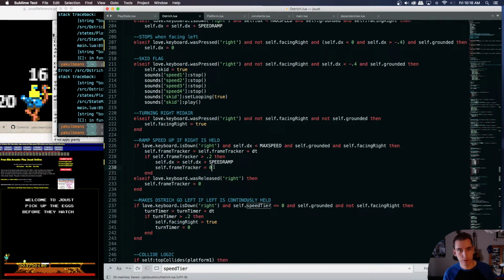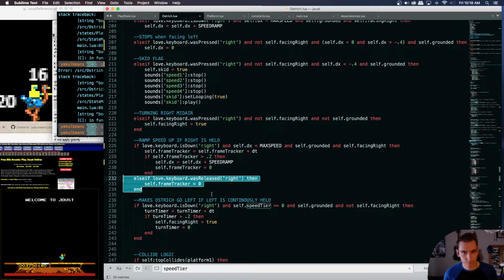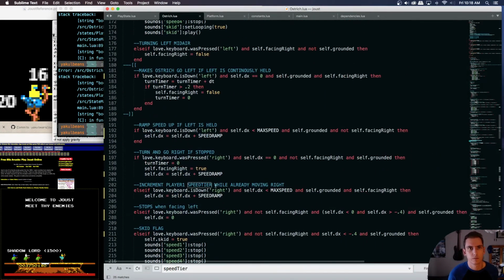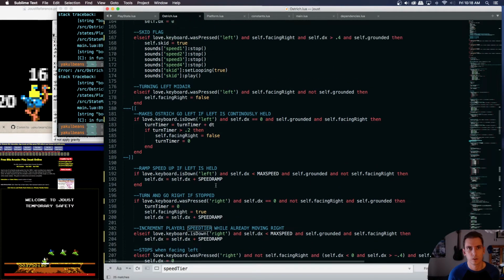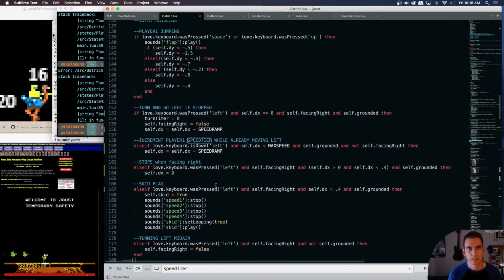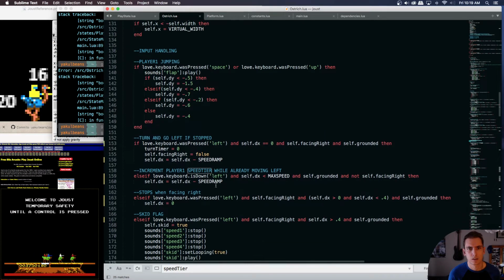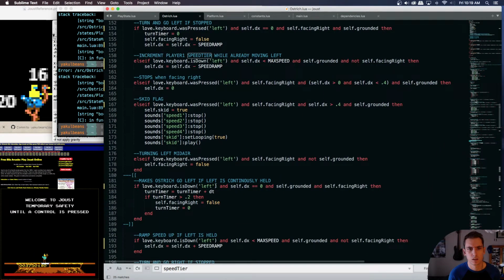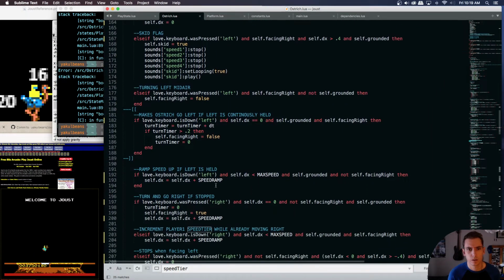Reset our frame tracker. We don't need this. Wait. Why would we not need that? I deleted it in the other one, didn't I? Frame tracker. Oh no.